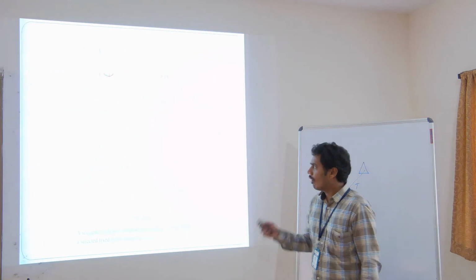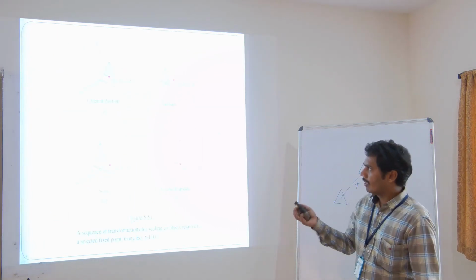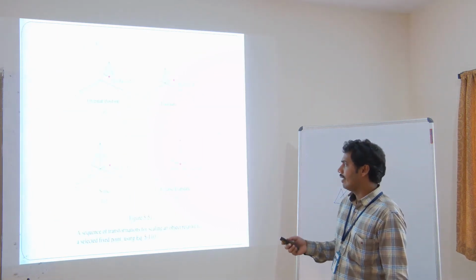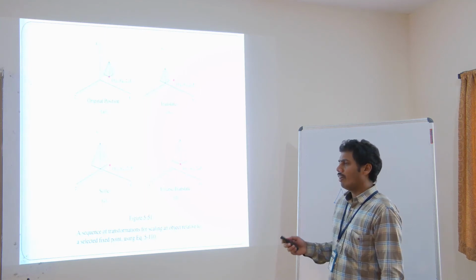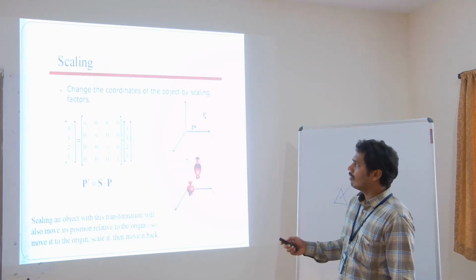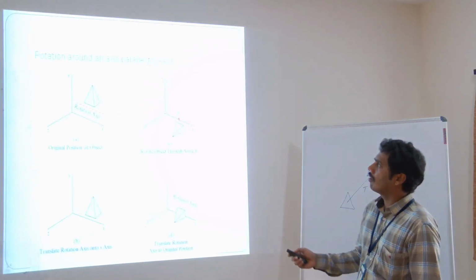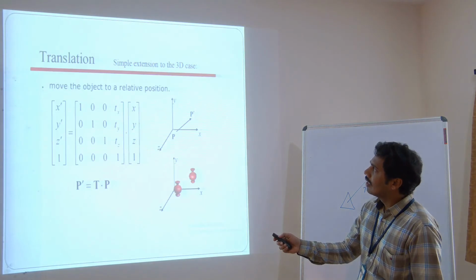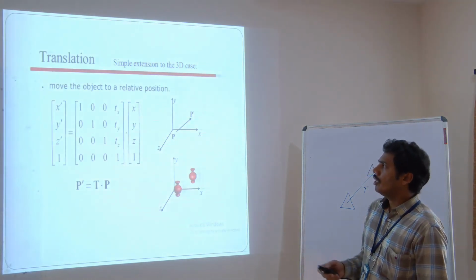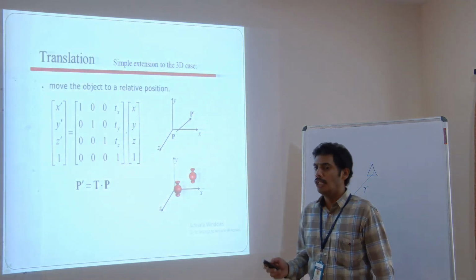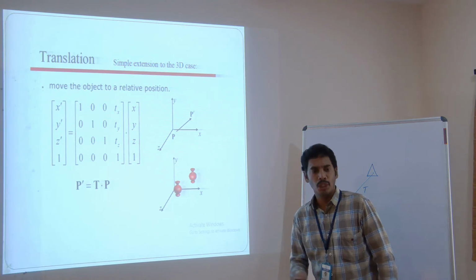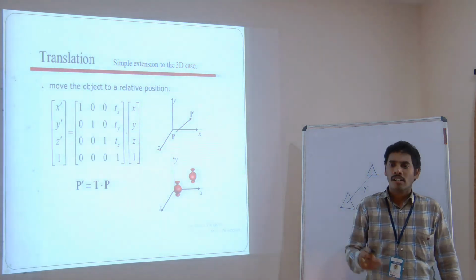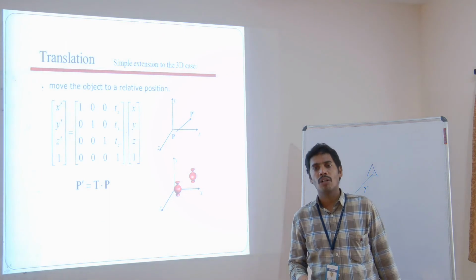Here also, I am simply taking a particular object and translating, scaling, and inverse translating it. Whether I consider scaling, rotation, or translation, we are using the methods that are needed to change the position of an object, or change the size of an object, or change the orientation of the object.